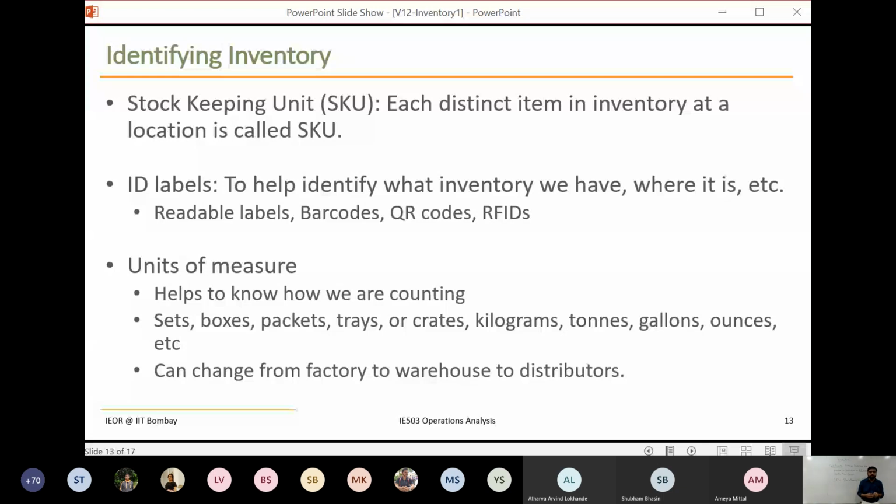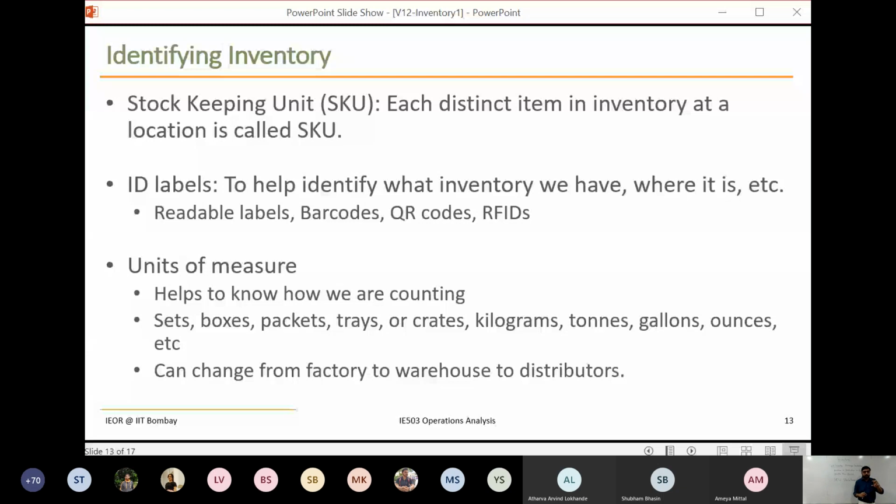So each distinct item. What we mean by that is, for example, you can imagine the Tetra Pak juice that you get, right? Each small Tetra Pak, the 5 rupee or 10 rupee one, that may not be an SKU. That may be an SKU at a retailer level.